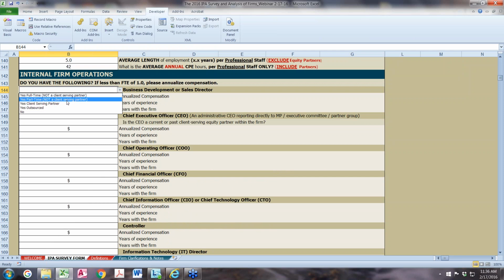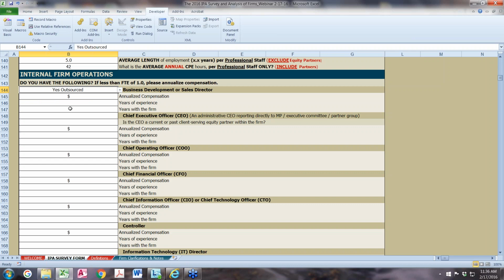Yes, you have someone in that role who's part-time, but not a client-serving partner. Yes, you have someone in that role and they are a client-serving partner. Yes, you have someone in that role, but you're outsourcing that to an individual who's not employed by you, or no, you do not have anybody filling that role whatsoever.